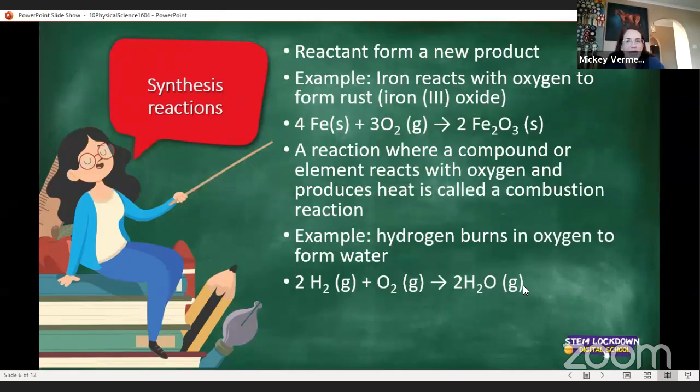But at grade 10 level, they don't put that much emphasis on the state symbols. The problem is that they don't in grade 11 either. And then you get to grade 12 and if it's not there, it's wrong. That is why I want you guys to get into the habit of thinking, what am I working with? In what state is it? And start getting into the habit of adding it.